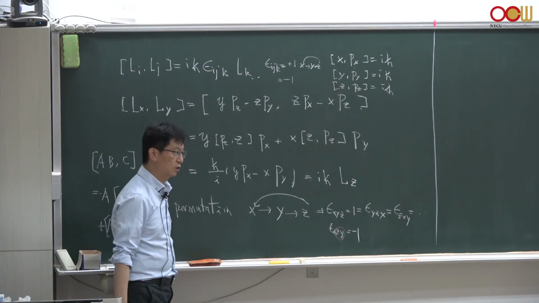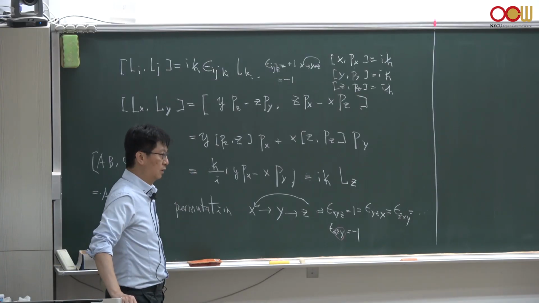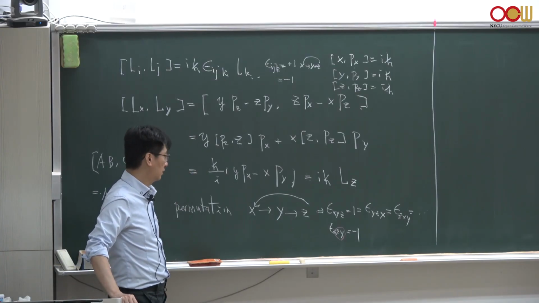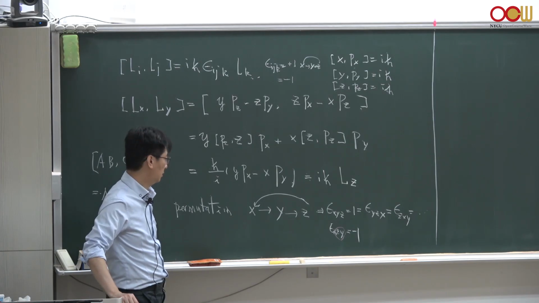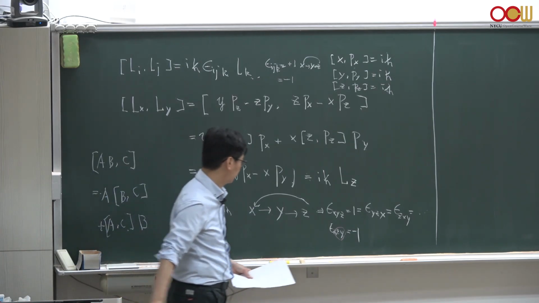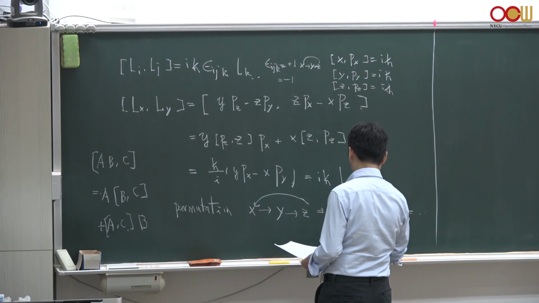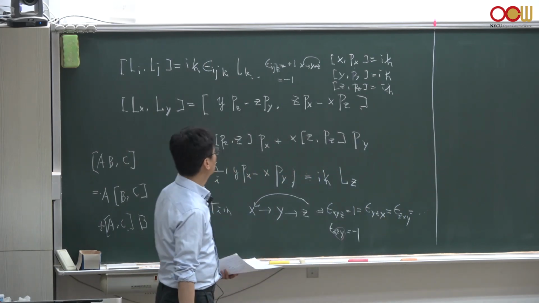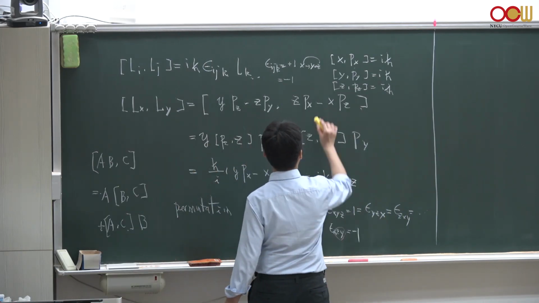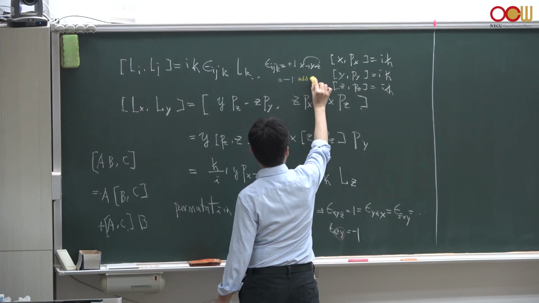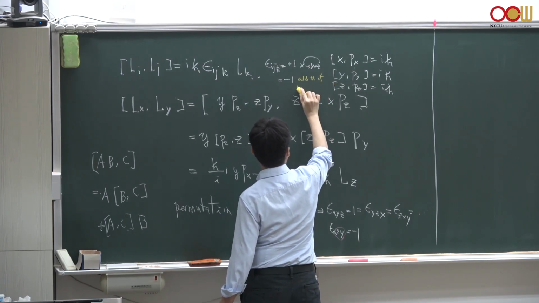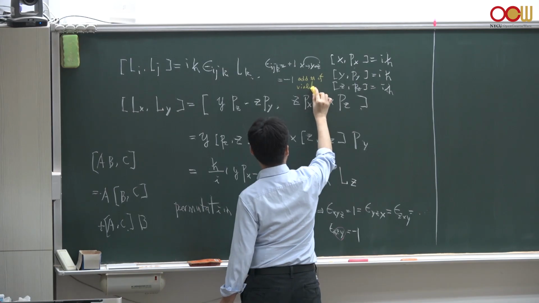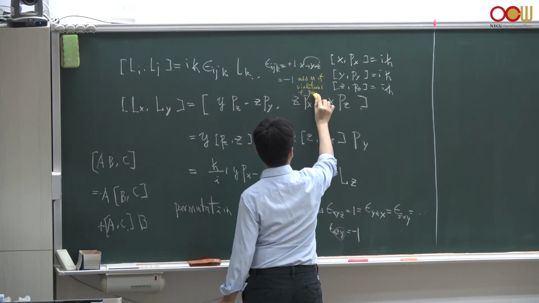So if you get two violations of proper ordering in permutation, you get minus 1 times minus 1, which is plus 1, and so on and so forth. An odd number of violations of this permutation gives minus 1.